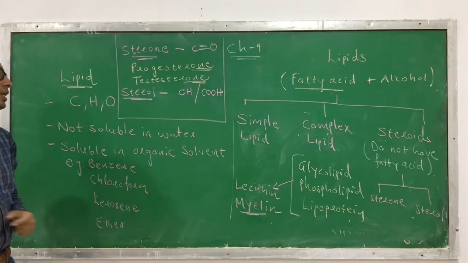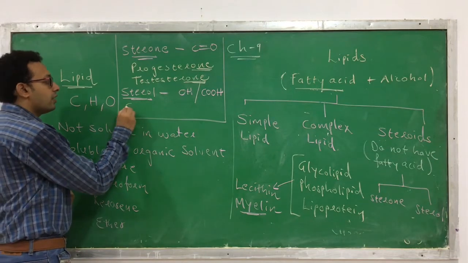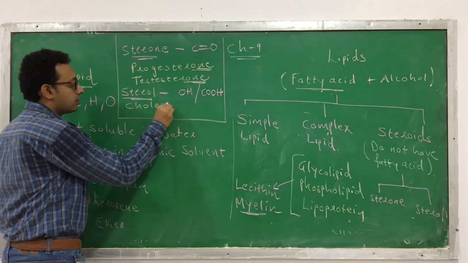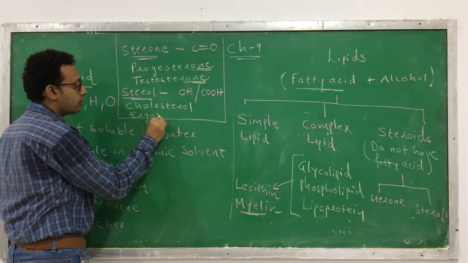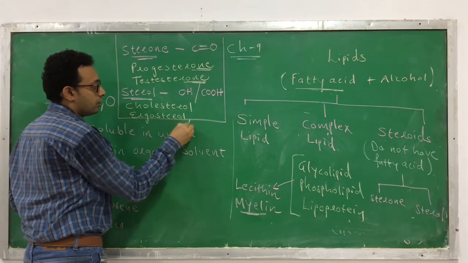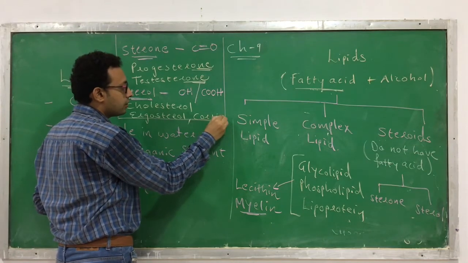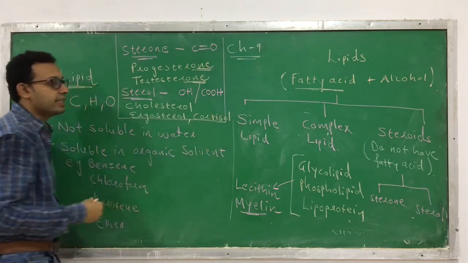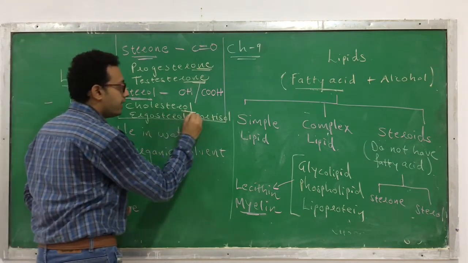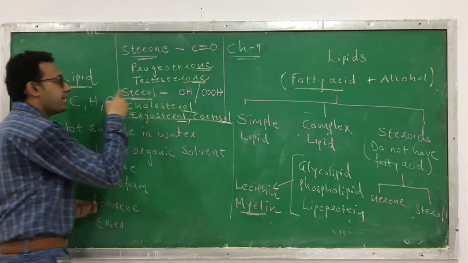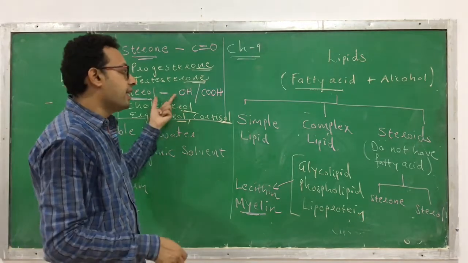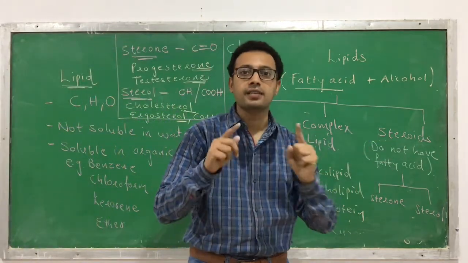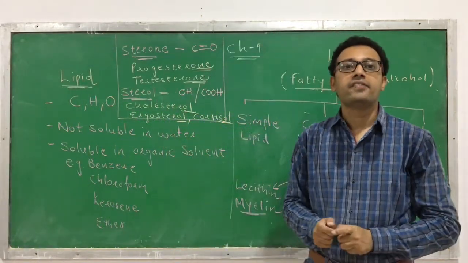C double O. I will also give you examples of sterol, like cholesterol, or you can say ergosterol, or cortisol. You might have heard a few of the names. See here, there is OL, so that means they are sterols. They all are lipids, and they are steroids. So steroids are lipids, but they don't have a fatty acid.